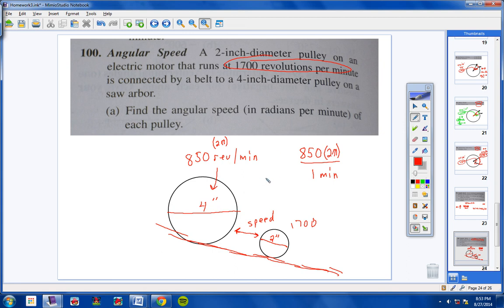If you take 850 times 2 pi, let me get my calculator out, you are going to get the correct answer, which is 5,340.7 radians, excuse me, I'm really making this sloppy, 5,340.7 radians per minute. All right?